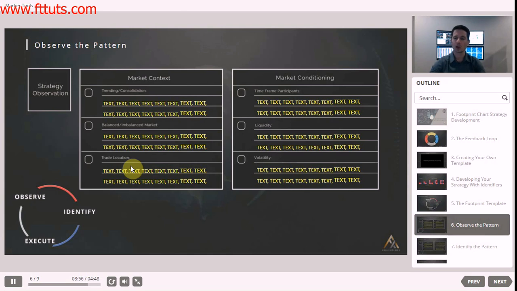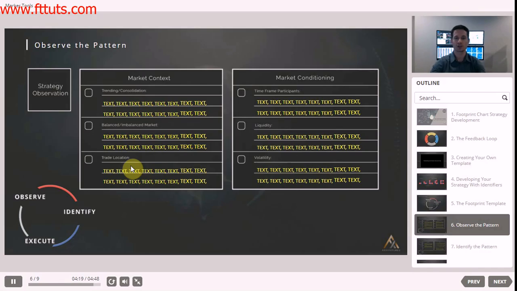So once you've observed the conditions for the strategy, over time, you're going to develop a very strong understanding of the prime conditions in which your strategy will work. Okay, by doing this every single day, you're going to very quickly recognize when, for instance, a breakout trade works well, or when a hiding behind the elephant trade strategy works well.